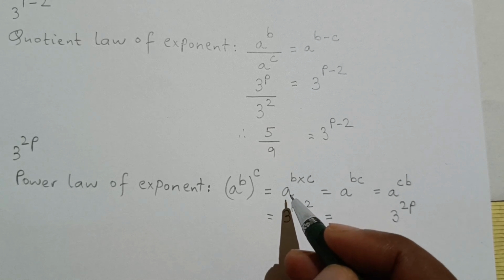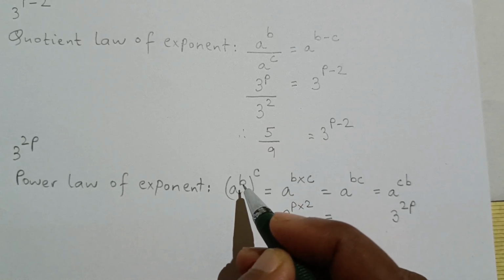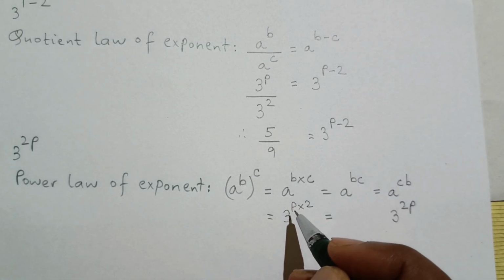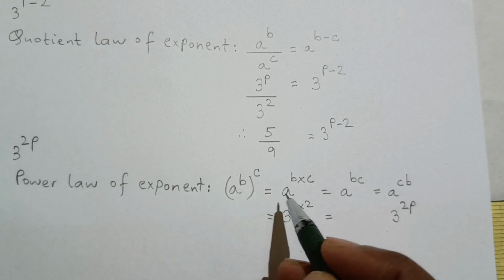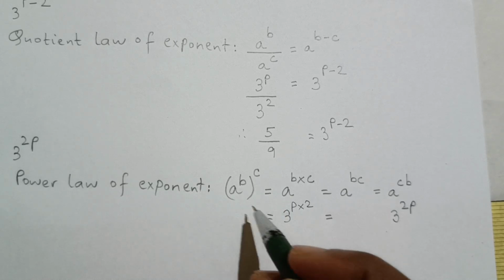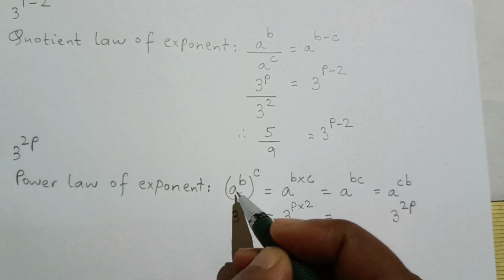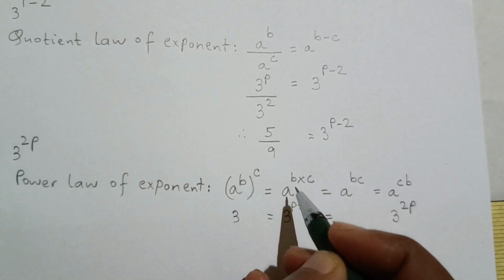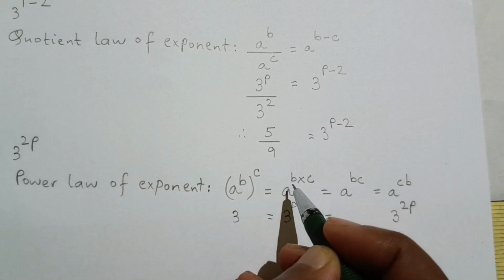Now a to the power b into c, I have written as a to the power b whole raised to the power c. So therefore 3 to the power p into 2, I will write as, a is 3, so instead of a, I will write 3. Then b is p, so instead of b, I will write p.